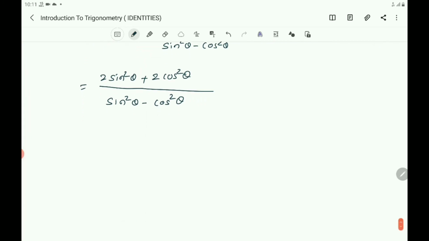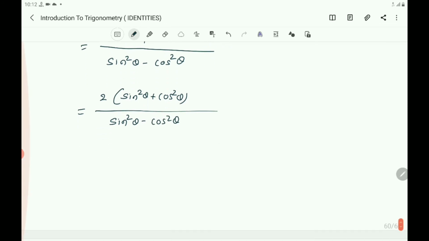Sin square theta minus cos square theta, that equals, you can remove 2 as a common, remove that outside. In the bracket you will get sin square theta plus cos square theta, that is 2 sin square theta plus 2 cos square theta. If 2 is removed outside as a common, in the bracket you will get sin square theta plus cos square theta, and in the denominator you write sin square theta minus cos square theta.